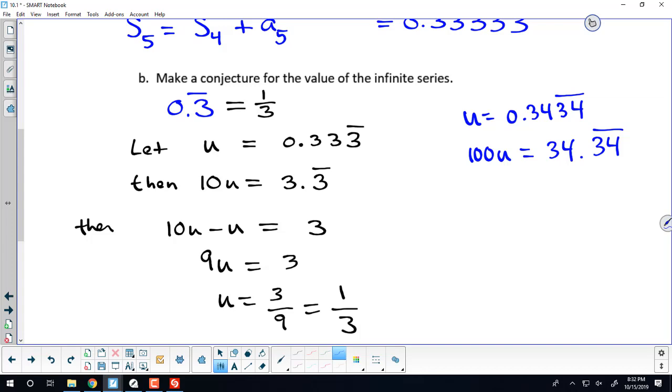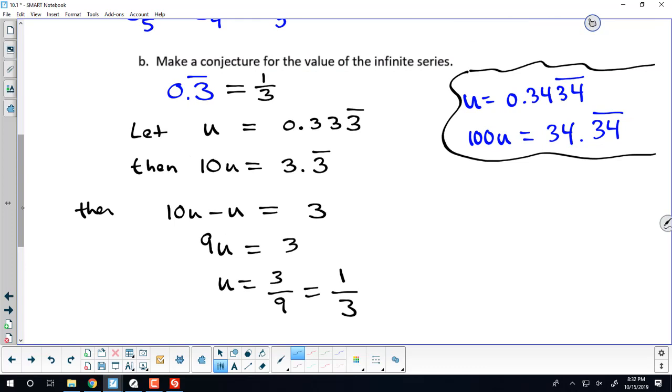So then you would have 100u minus u, so you'd have 99u is 34. So 34/99 is 0.343434 repeating. That's sort of an aside, but that's the algebraic way to represent repeating decimals as a rational number.